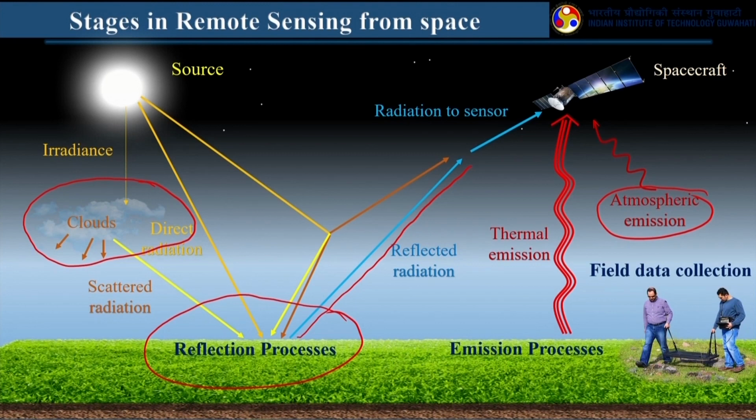So, here it is important to understand the different types of remote sensing we do, as well as how we do this. There are two different types of remote sensing, one is active, another is passive.